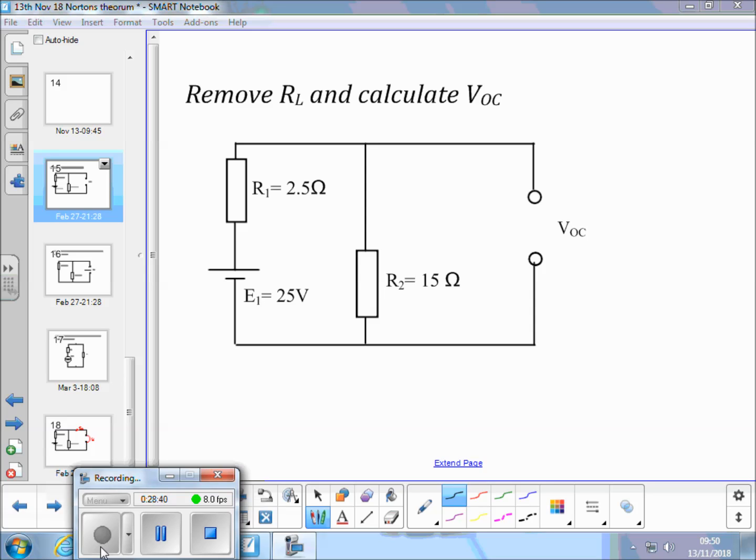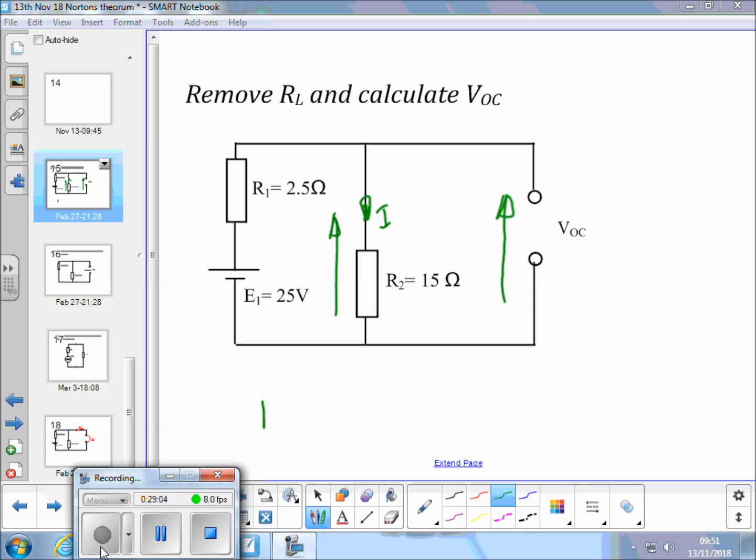So, initially, if we can find the current flowing there, then we can find the volt drop across this resistor, which is also the volt drop at the output.